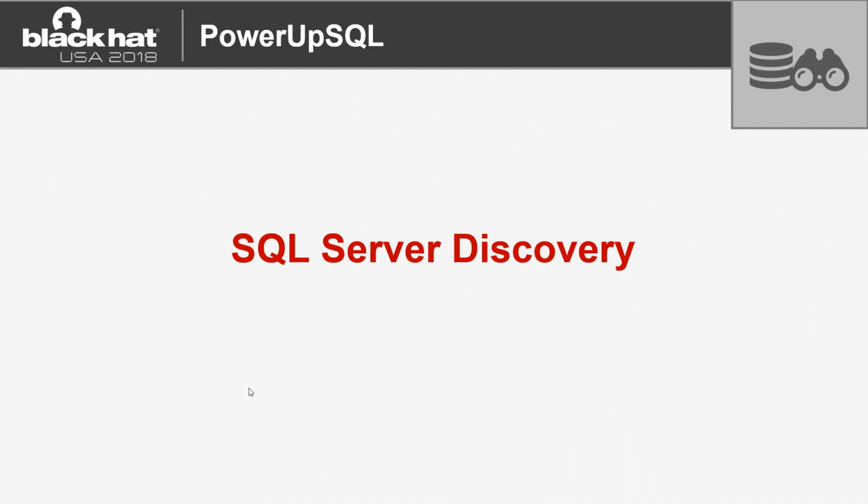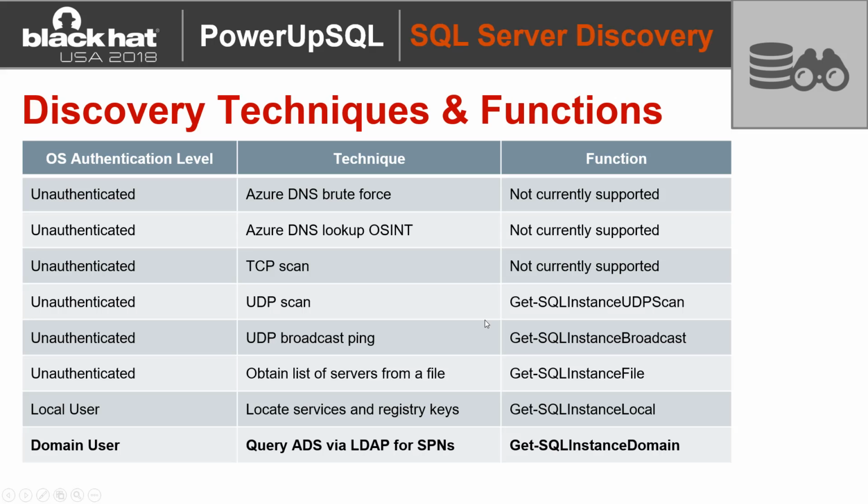All right, so let's talk about finding SQL servers. There are a number of different ways to do this. I worked with Andy and Chrissy Lemaire on a dbatools function that is a little more robust than what's here, but this will be immediately available if you import PowerUpSQL.